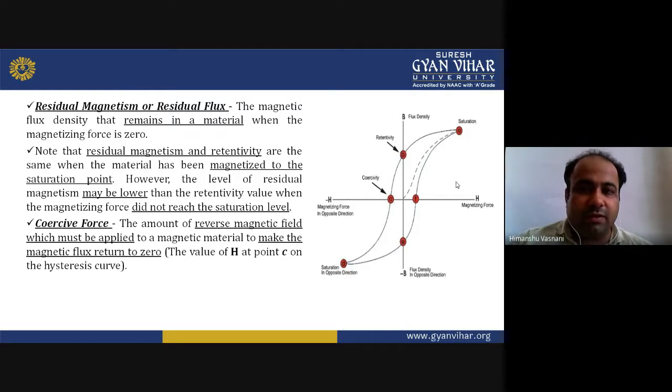That is the value of capital H at point small c on the hysteresis curve. This is how they define the coercive force, or coercivity, at the small c point in the loop.